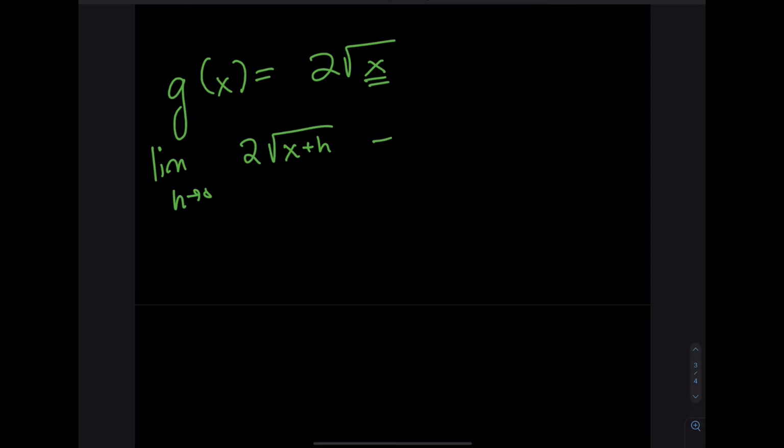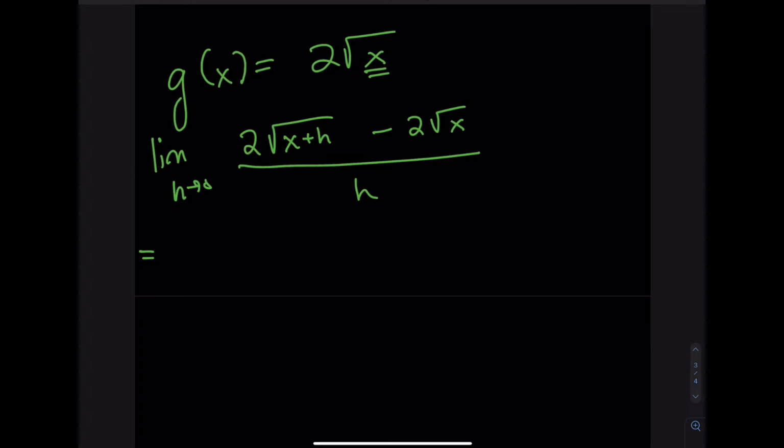And then we're just going to subtract off the original function, which really is g of x, but you could say f of x, g of x, a of x, b of x, whatever the case may be. And this is all over h. So again, that first step, you just want to plug in x plus h in place of x, subtract off the original function, divide by h, and make sure that you're taking a limit. All right, let's keep going with this.